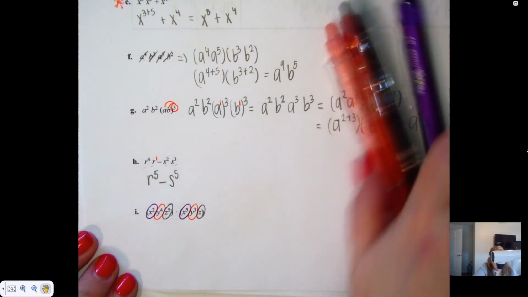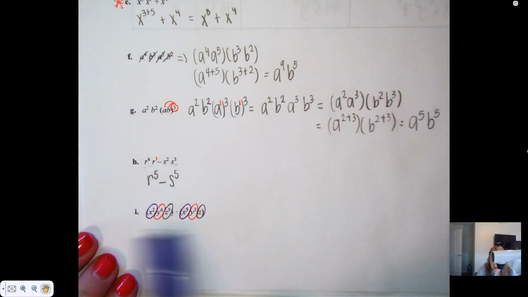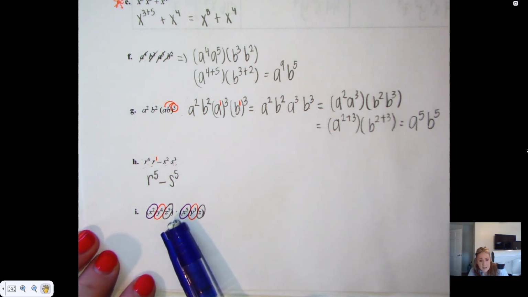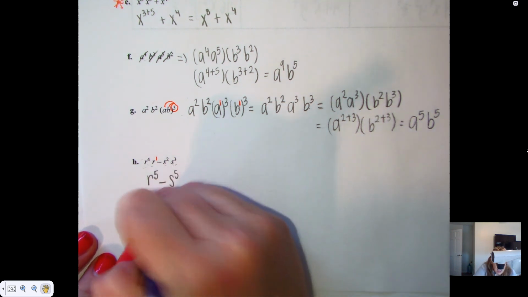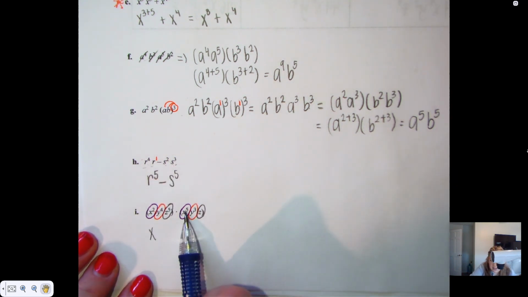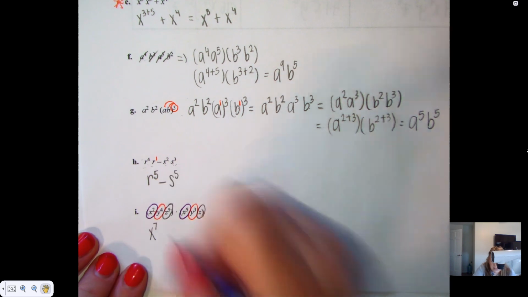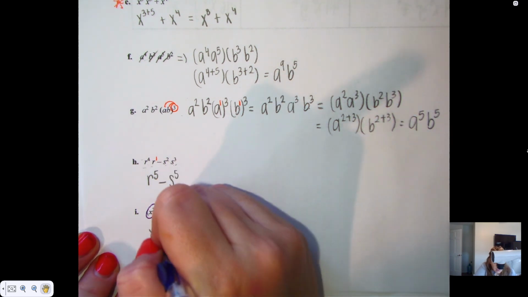All of these are being multiplied together, okay? When you multiply exponents with the same base, you add the exponents. So the first thing I'm going to have here is x squared times x to the 5th. And if I'm multiplying, I'm adding. So 2 plus 5 is 7.